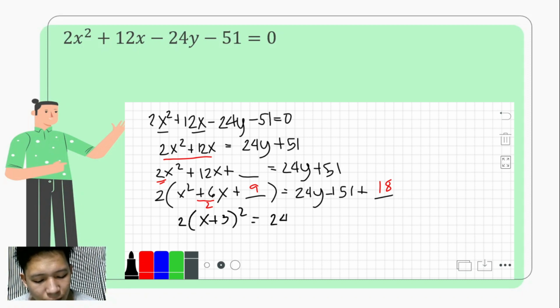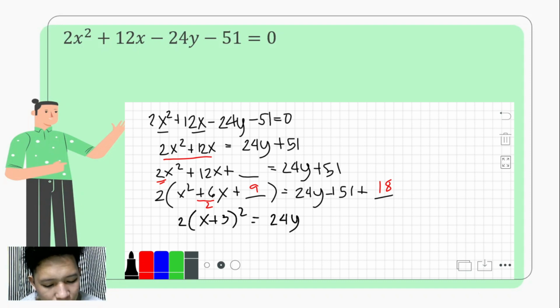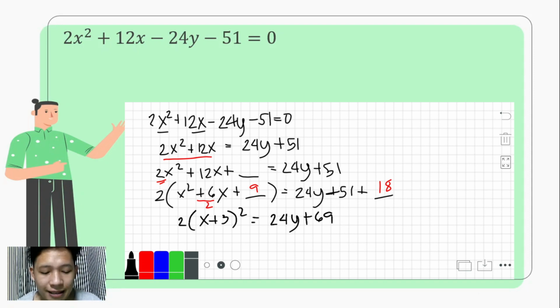That's 24y. So that would be positive 51 plus 18. So we have here positive 69.